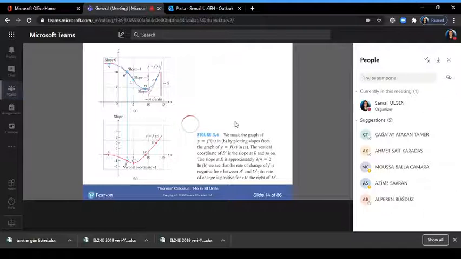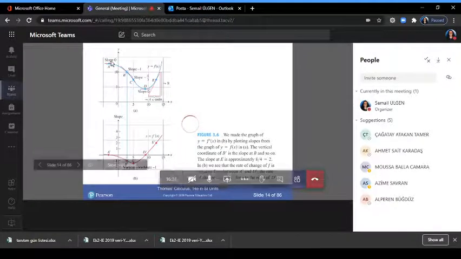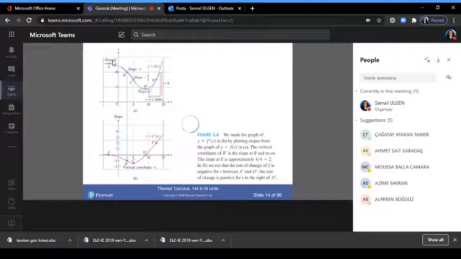Okay, so let's see. This is the graph of f prime of x. So you have the graph of f, and then you just want to draw the graph of f prime of x. Now the slope is 0, which means the derivative is 0.